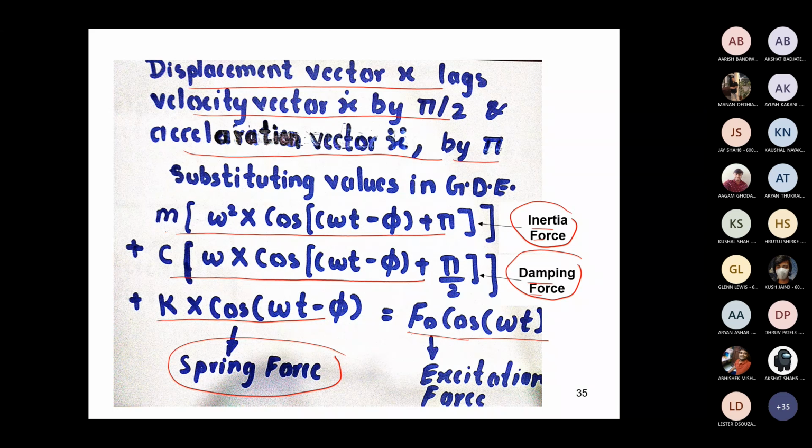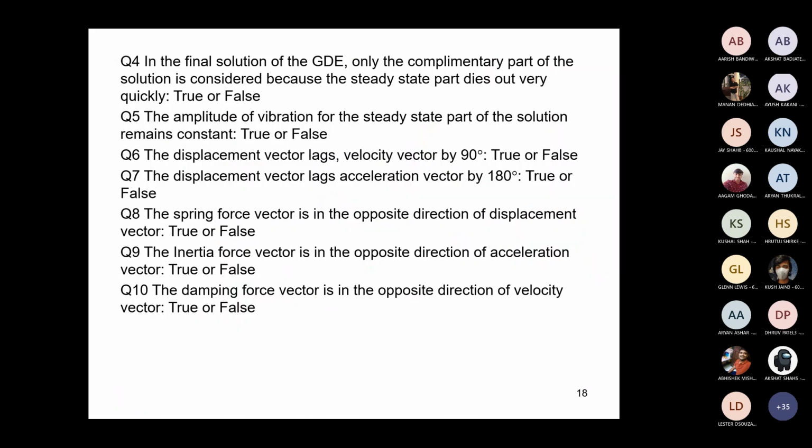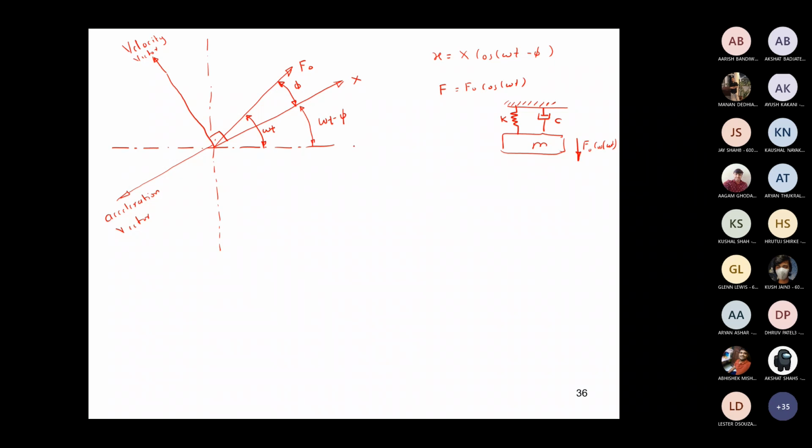Whatever direction it is accelerating, inertia tends to oppose it. And the damping force will be opposite to the velocity vector. So let me plot these three vectors.